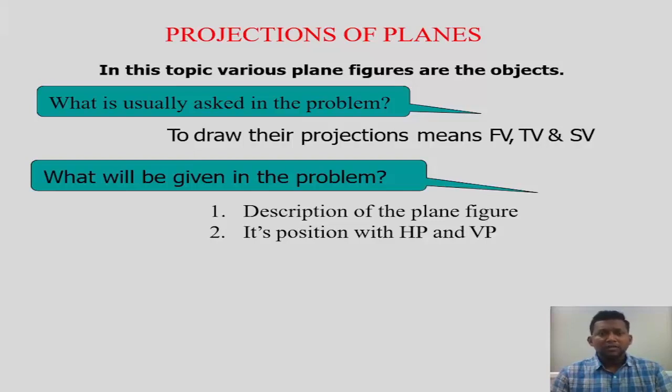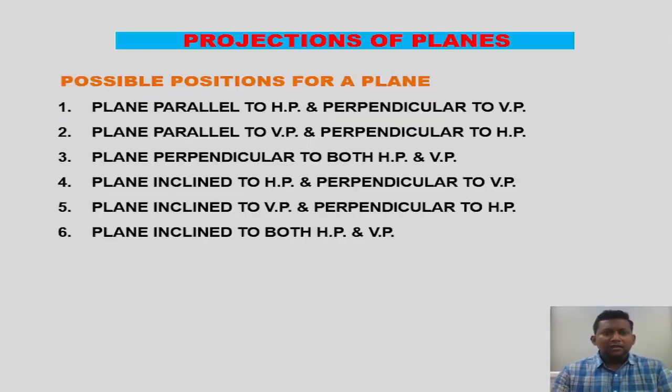These two are common for all planes, and not only planes but also lines, points and solids. In some problems they may ask you to draw the side view also. Now, what are the different positions of the plane? For lines there are different possible positions with respect to the horizontal plane and vertical plane.